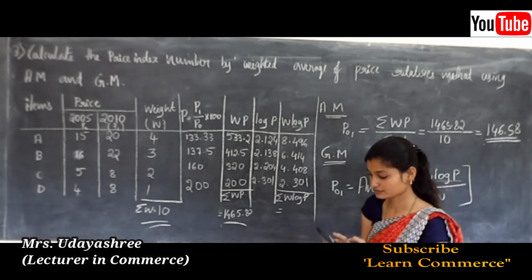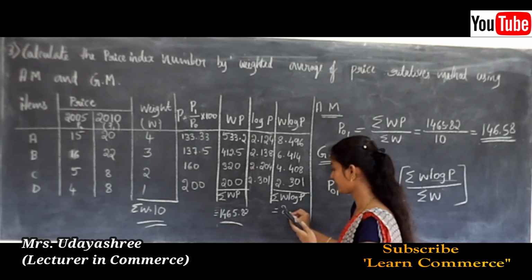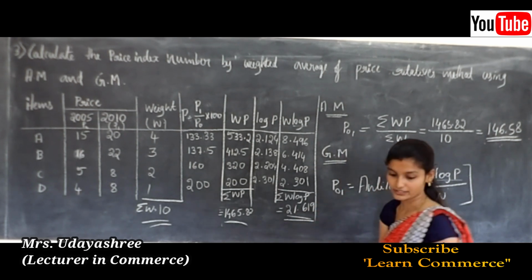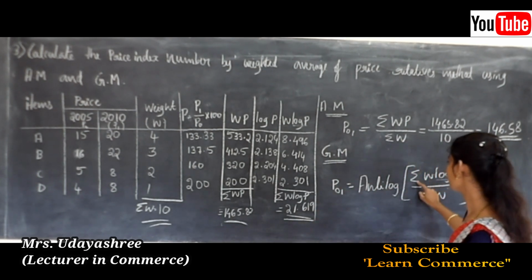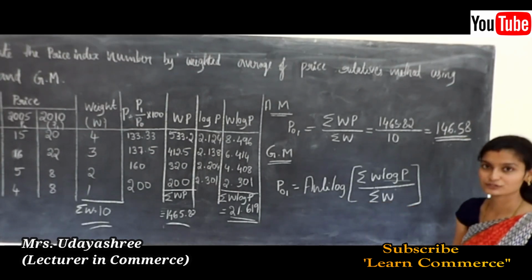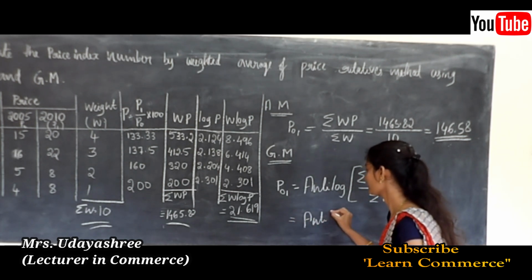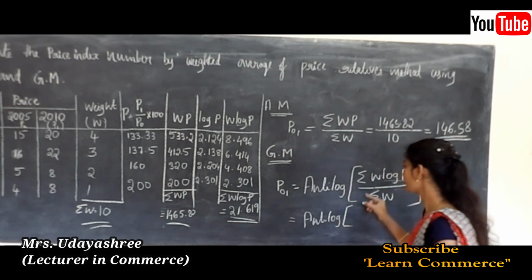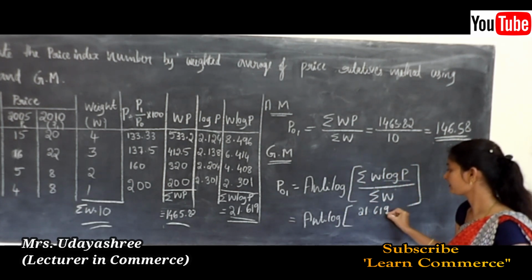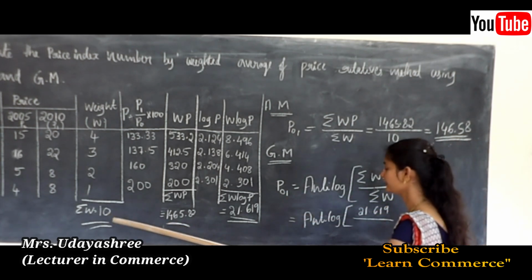Then the answer is 21.619. Now we found all the values, that is sum of W log P and sum of W. Now substitute in the formula. This is equal to anti-log of sum of W log P, which is 21.619, divided by sum of W, which is 10.